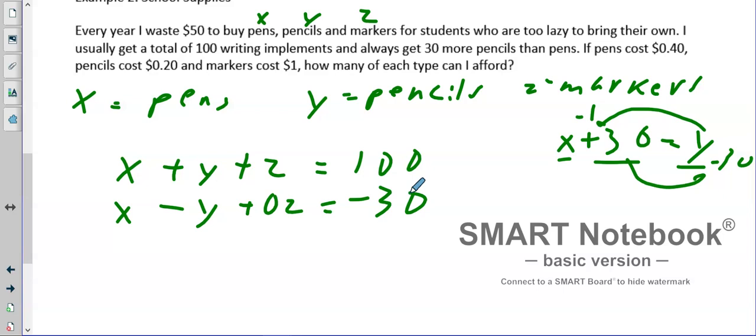Now the cost. If pens cost 40 cents, so the cost, the value is 0.40x plus 0.20y, 20 cents for pencils, and markers cost $1.